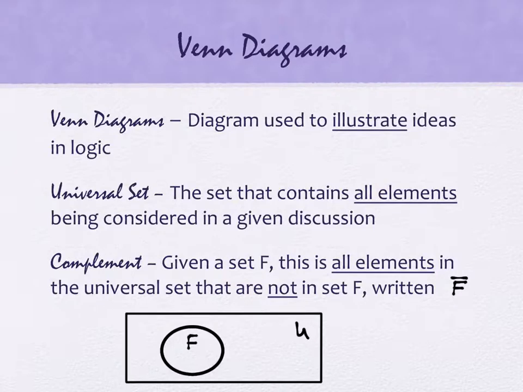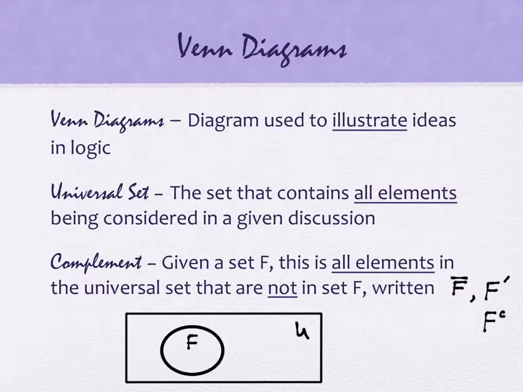Another one that they will sometimes use is F with an accent mark, an apostrophe kind of mark. Or a third option is that sometimes they will do an F with a little C above it, which I kind of like that one. F complement. A little C up there. So your book uses the first one, so we'll use the little hat with the line on top notation. That's what we're going to use.